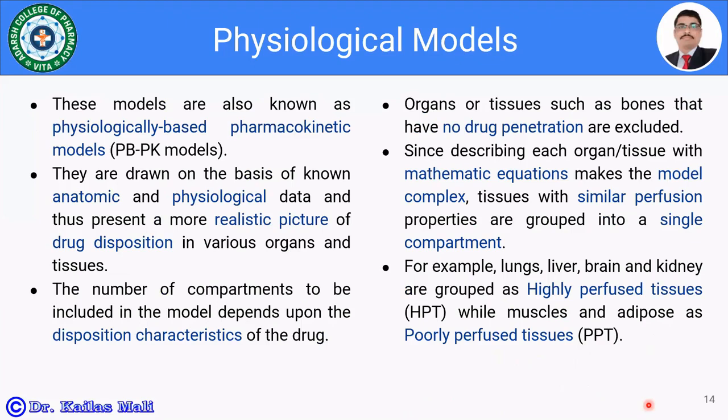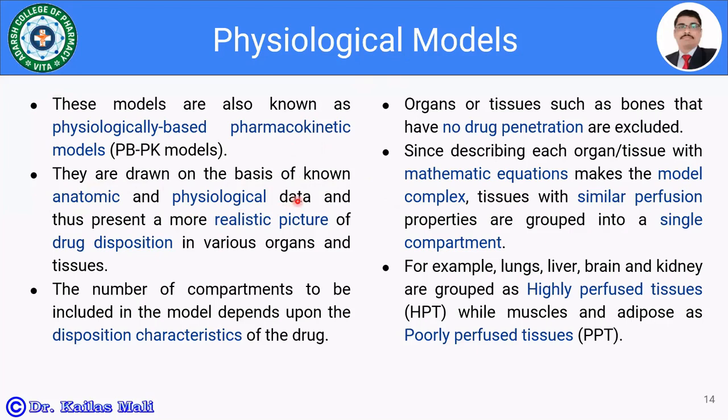So physiological models are real models. They are also known as physiologically based pharmacokinetic models, that is, the PBPK models. They are drawn on the basis of known anatomic and physiological data.